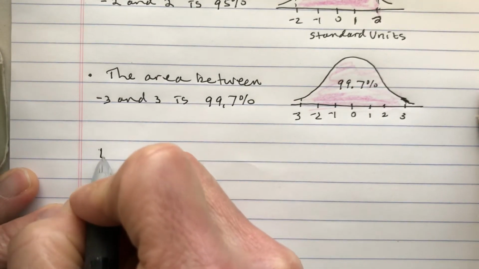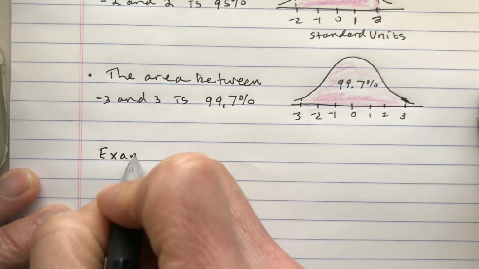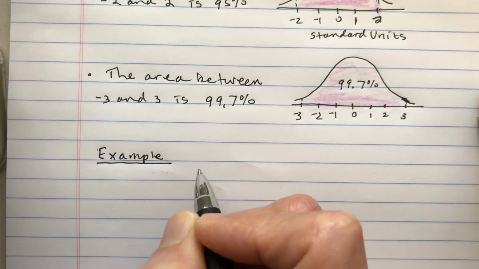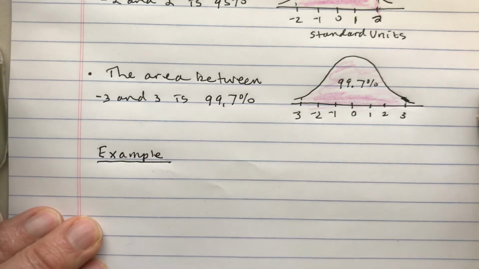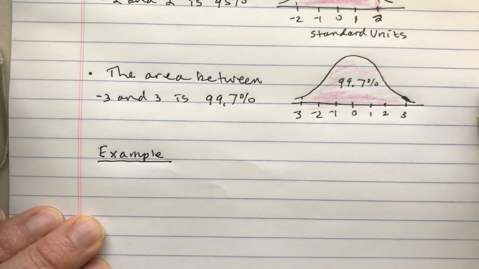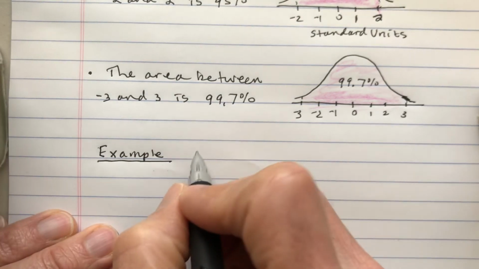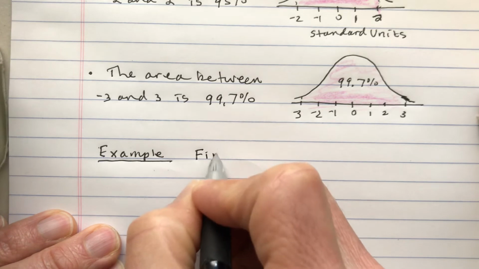So let's look at an example where we find the area. I'll do a bunch of these, but let's just start off with this first one.